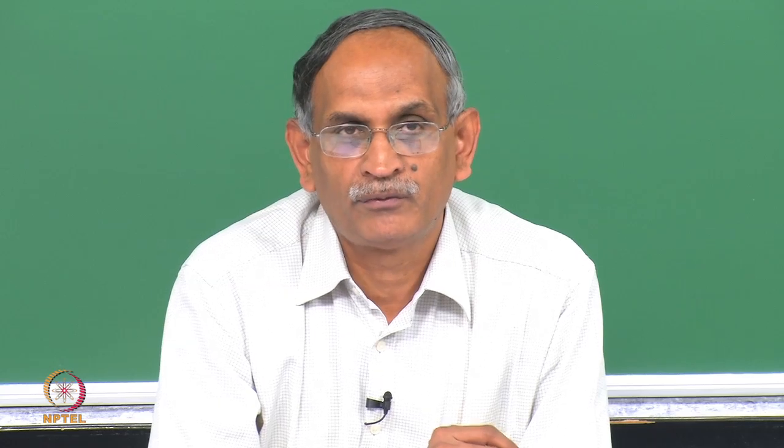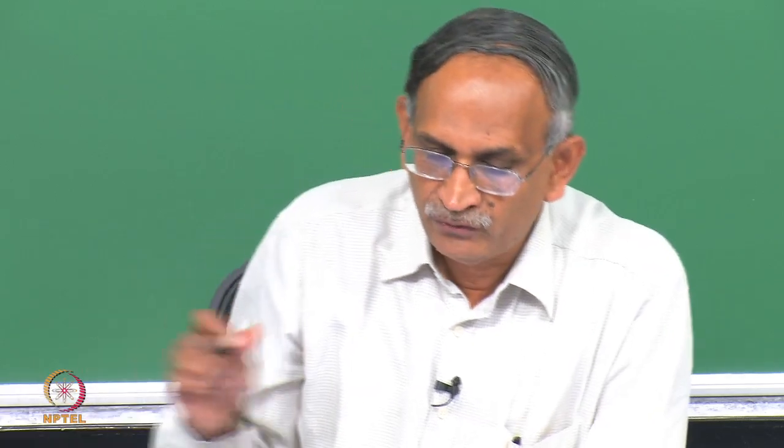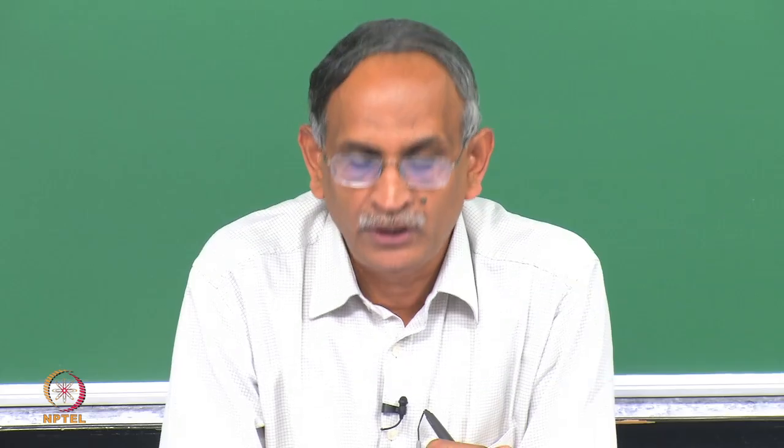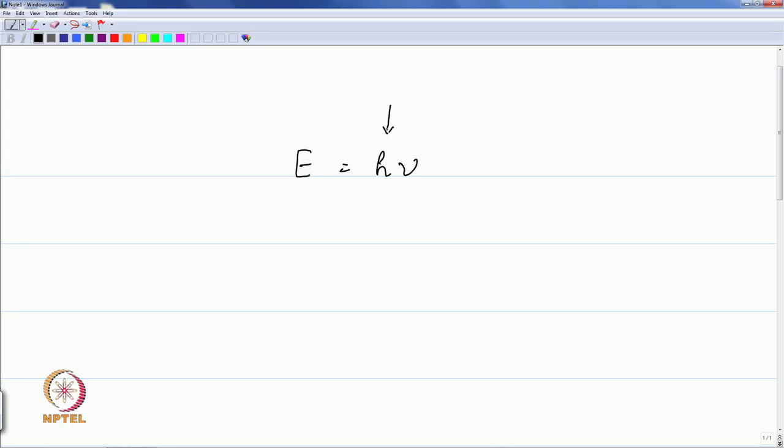And he came up with this famous formula for the energy, E is equal to h nu, where nu is the frequency of the radiation that gets emitted or the radiation that gets absorbed by the material bodies. And he introduced a constant which was not known until then and called this as the Planck's constant.